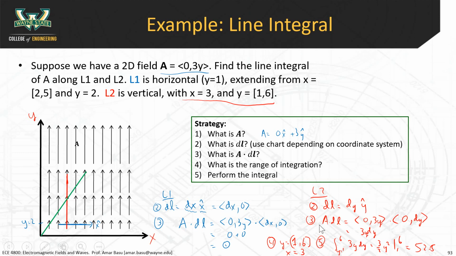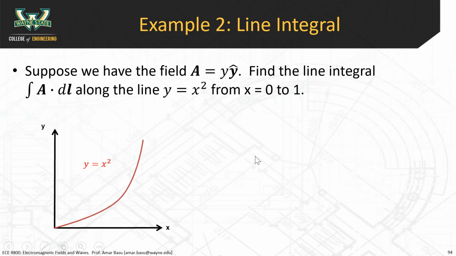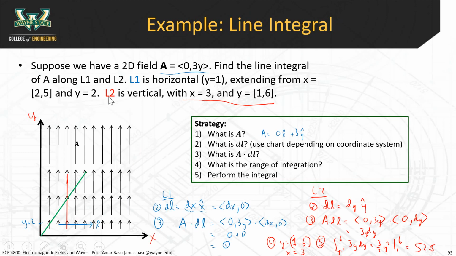When we take the line integral, y goes from 1 to 6, and x equals 3. We have our limits of integration here. We plug that into this equation and create our integral. So you have 3y dy, where y goes from 1 to 6, and we figured that out last time to be 52.5.